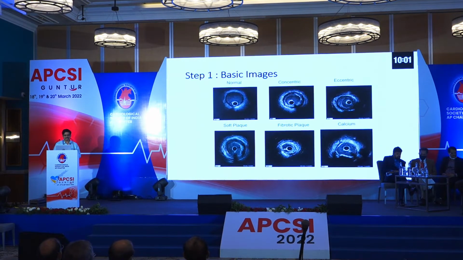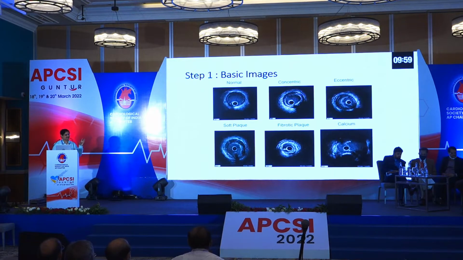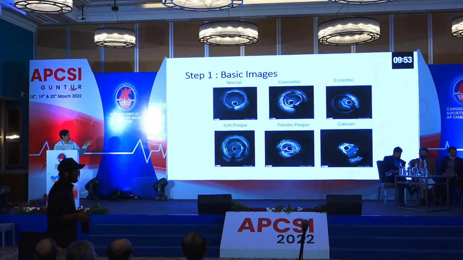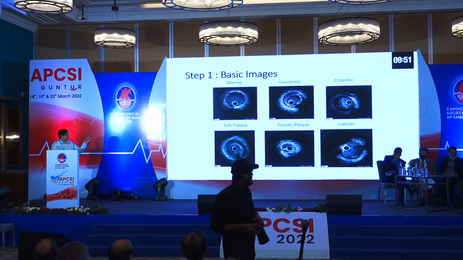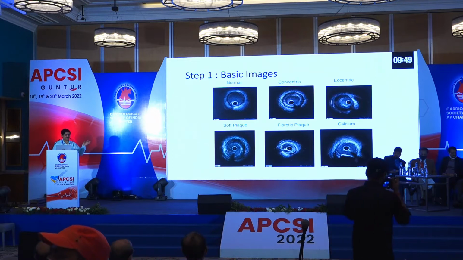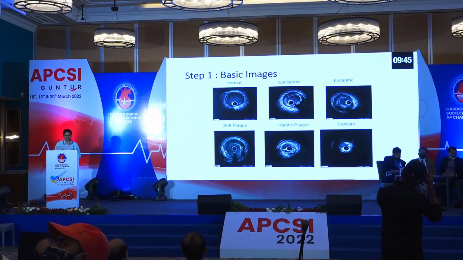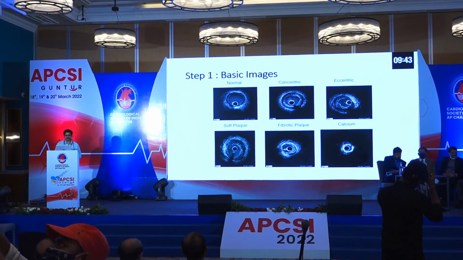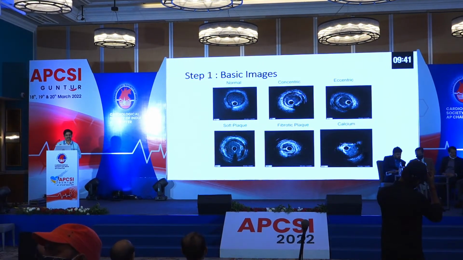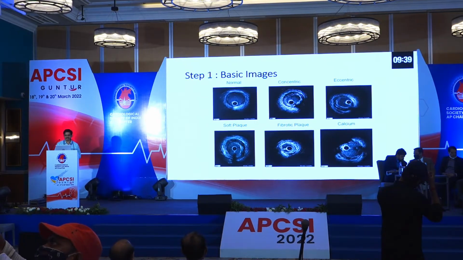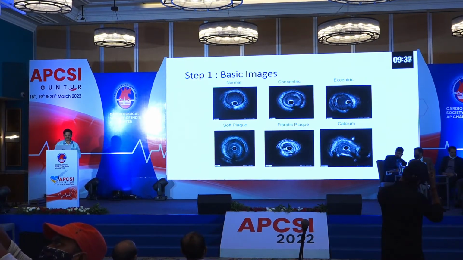So these are the basic images. With 60 megahertz, it gives almost near OCT resolution. If you carefully see, the intima, media, as well as the adventitia are visible. Concentric means intima-medial thickening, whereas eccentric means more thickening on one side.